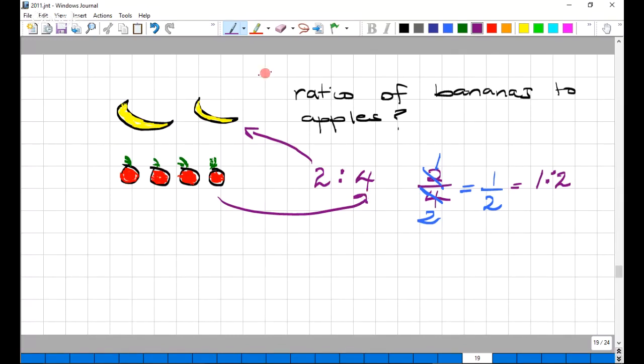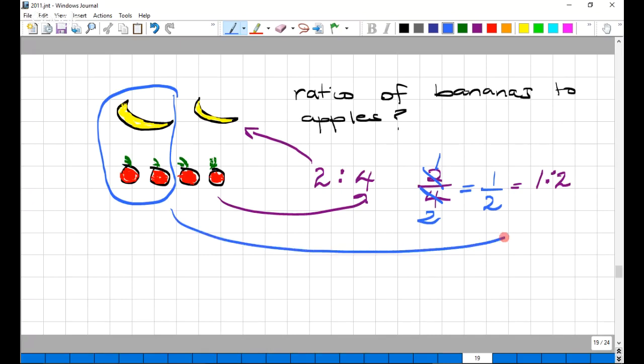Okay. Let's look at this. If I reduce this, notice what I have here. Every time I have one banana, I will have two apples. Look at this and look at this. See that? Yes, sir. All right.